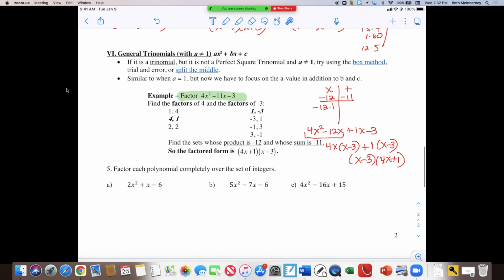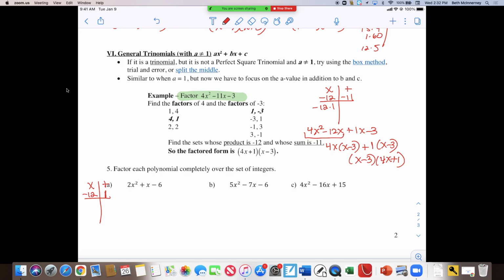So I'm going to get you started on 5A, then I'm going to pause and let you try these. So I'm looking for a product of negative 12, but adds to positive 1. You take the A times the C, the 2 times the negative 6, and it adds up to the B value.